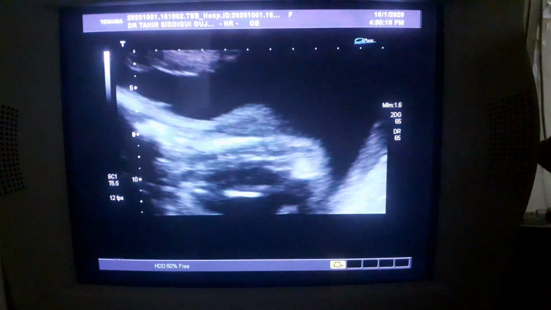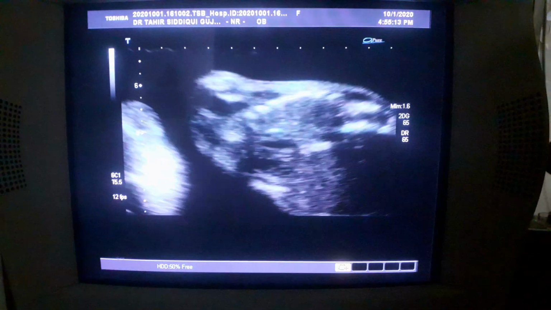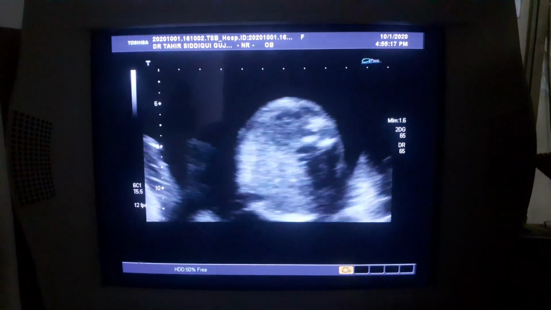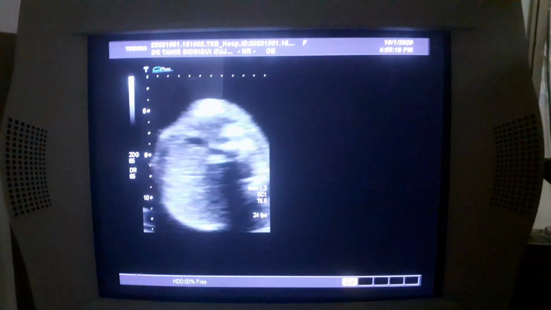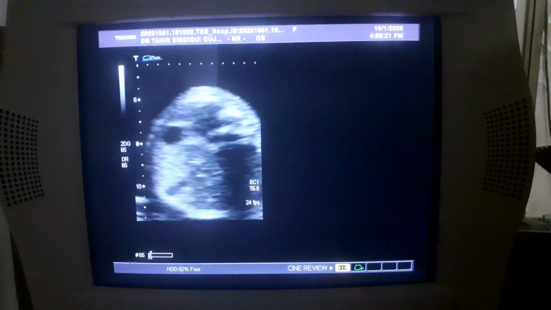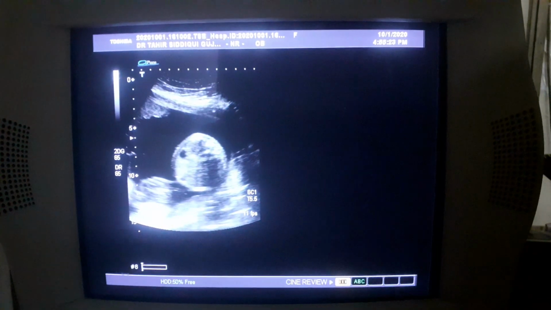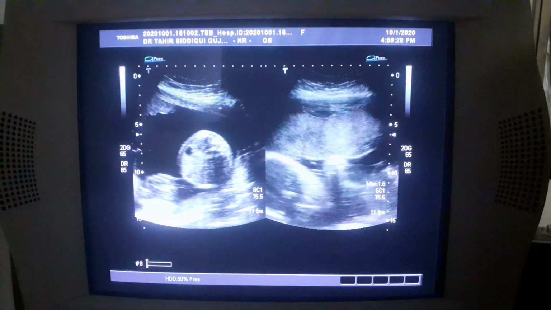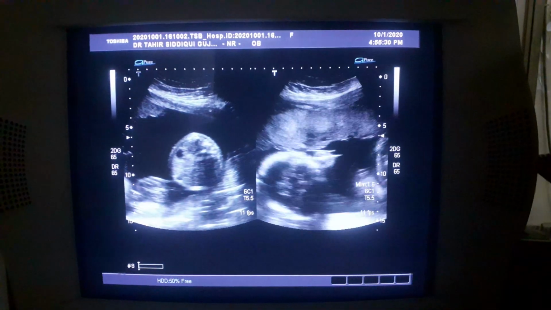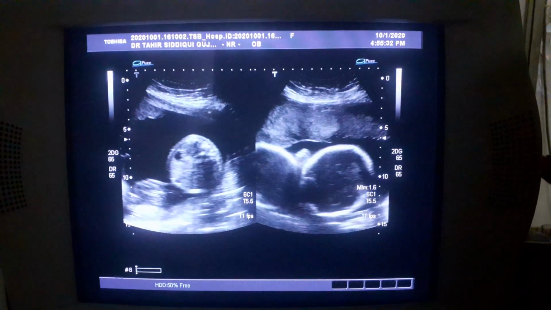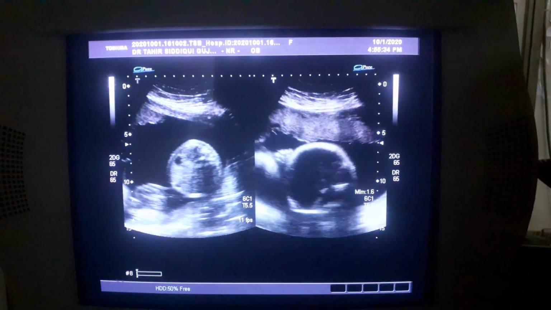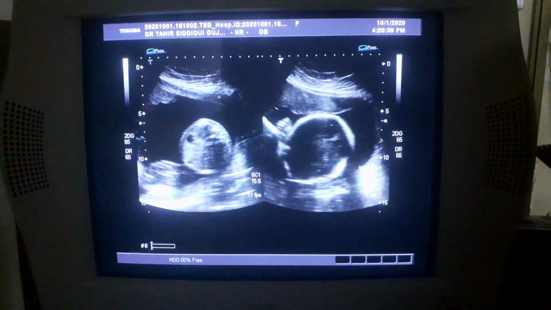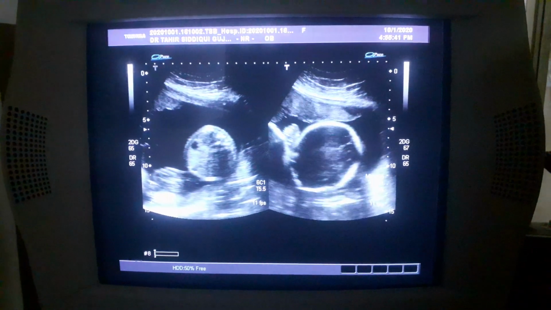Now as I proceed towards the study, okay, now let me demonstrate to you. This is the transverse of the abdomen of fetus number 1, no, fetus number 2, and this is the head of fetus number 2.